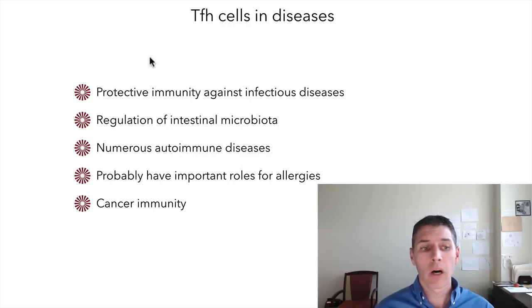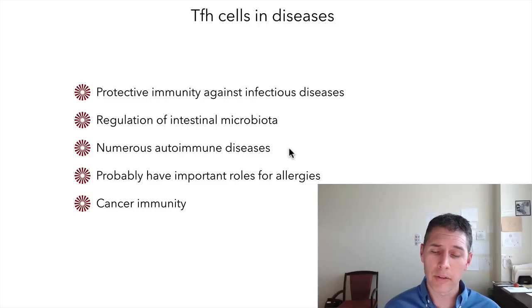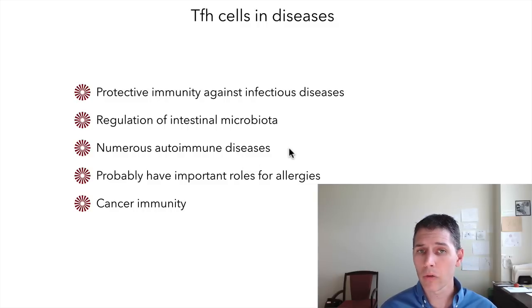While there's lots of interest in TFH cells in the context of protective immunity to pathogens, there's at least as much interest in TFH cells, and at least as important a role of TFH cells, in autoimmune diseases. TFH cells are important players in many mouse models of autoimmune diseases, as well as human autoimmune diseases, and several different categories of such autoimmune diseases.